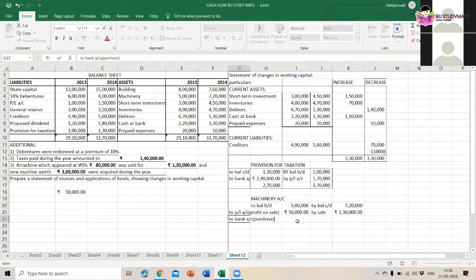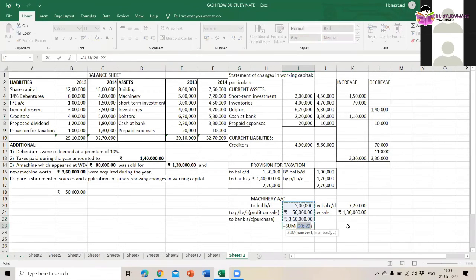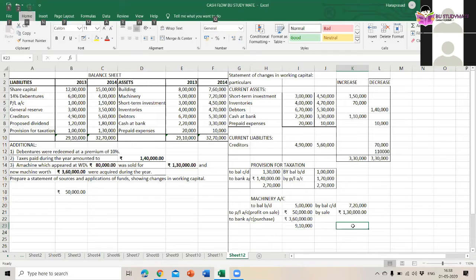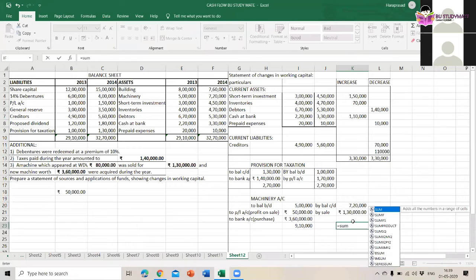Okay. Any other adjustment is there? No. So we'll add it down here. Add it here, we'll get 9,10,000. Here, if we add, we'll get 8,50,000.